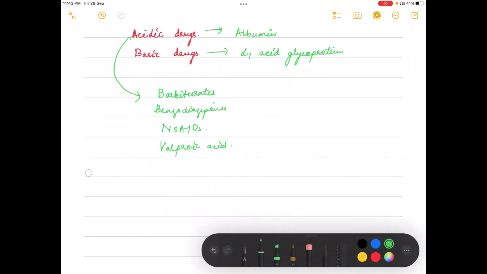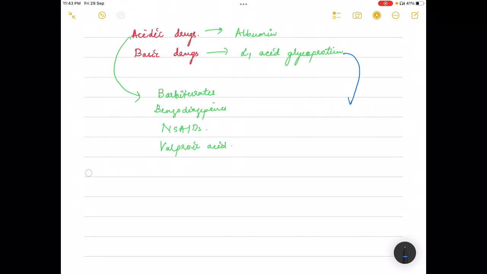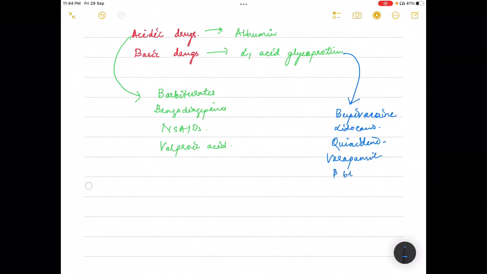And the ones that bind with the alpha-1 acid glycoprotein are the basic drugs like bupivacaine, lidocaine, quinidine, verapamil, beta blockers.